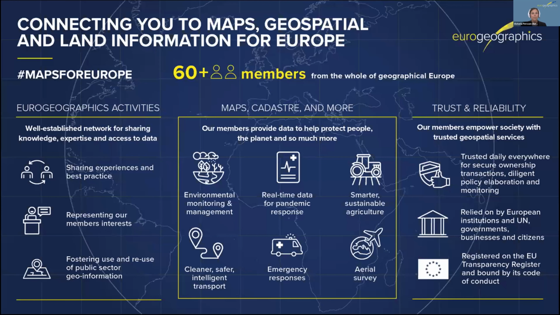Now, I say members, but not all of you may be familiar with our organization. EuroGeographics is a membership organization, and our members are Europe's national mapping, cadastral, and land registry agencies. So the data use cases that you've heard about here today, our members provide at least some of that data.